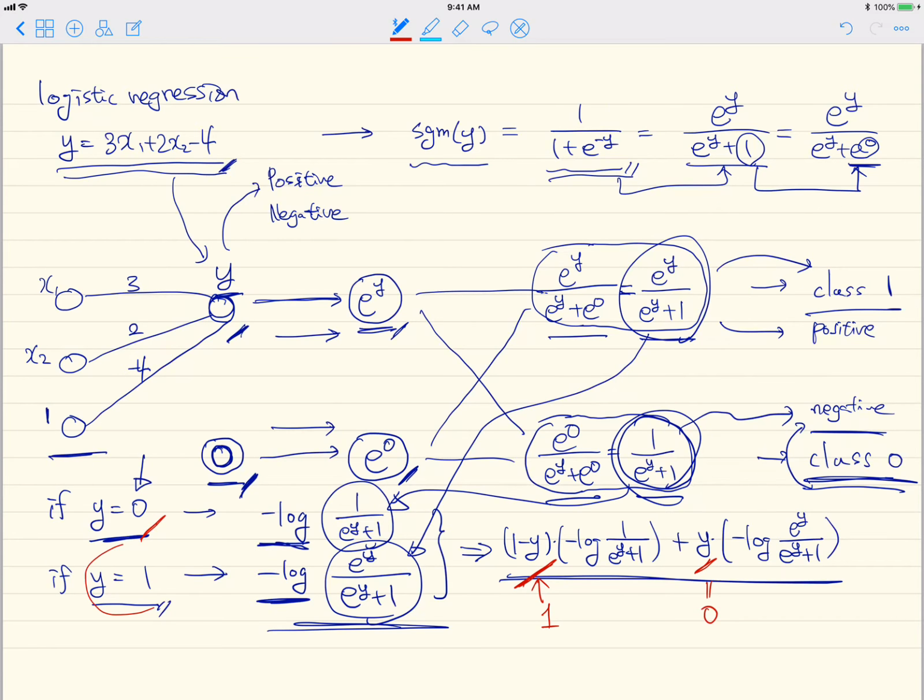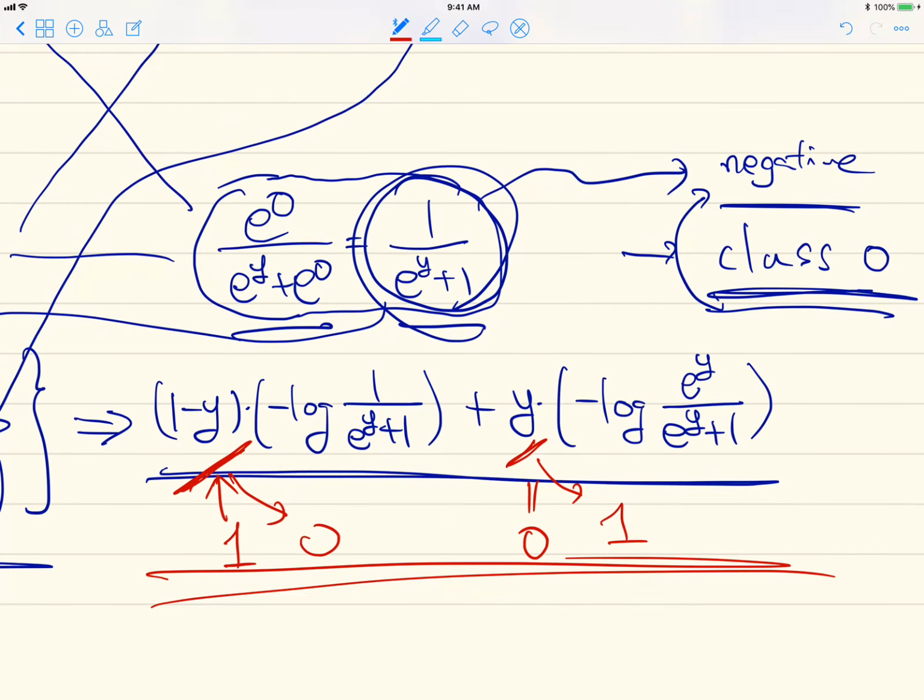And if y was the positive class, then this one will be 0 and this one will be 1, right? And so this is exactly the cross entropy loss or KL divergence loss. And so this loss coming from logistic regression is called binary cross entropy loss.